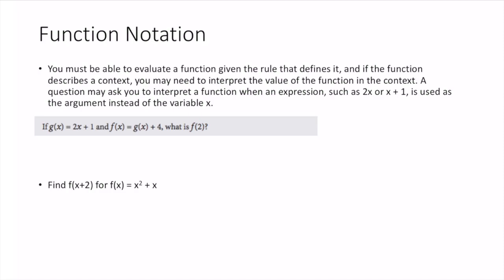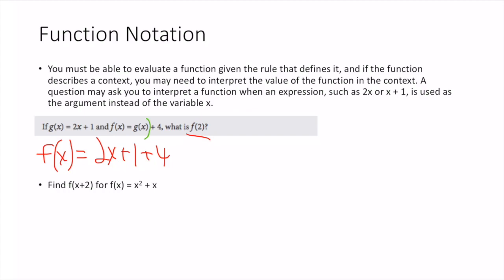The first thing we want to know is what the function f is, so first let's say f at x equals g at x, which is 2x plus 1, plus 4.